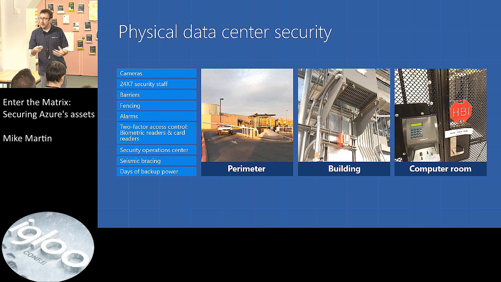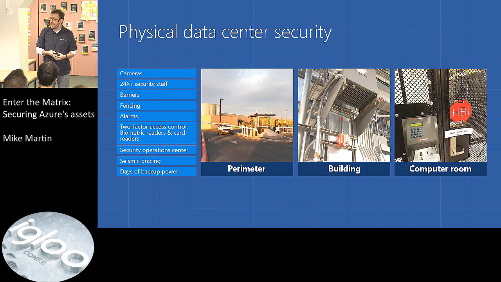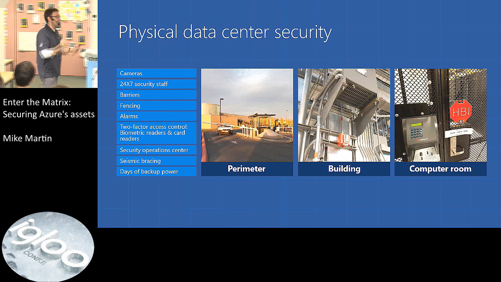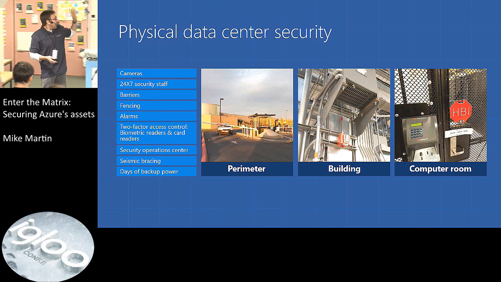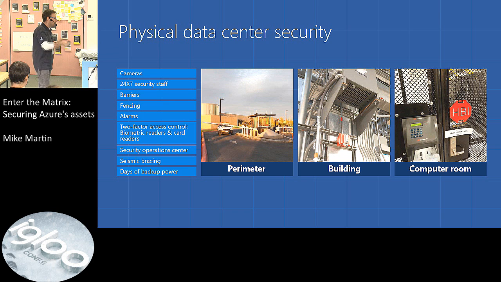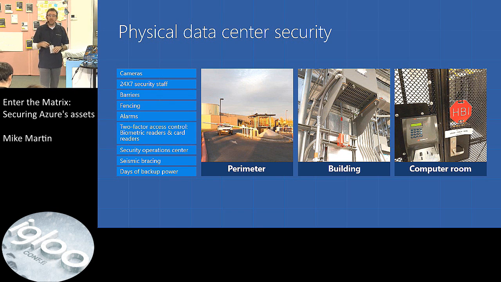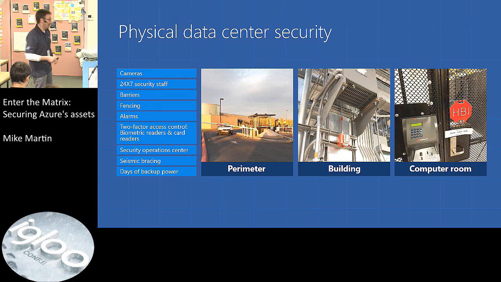Because Microsoft, they don't order them by the numbers anymore. They order them by the ton. That many disks are being destroyed every year. Fences, barriers, biometrics, and so on and so on. As you can see, even if you're running around here, you cannot physically access the racks. Basically it. So that's a good thing.